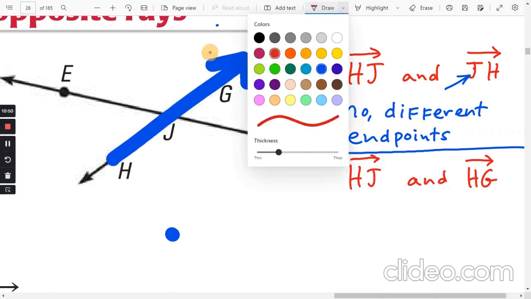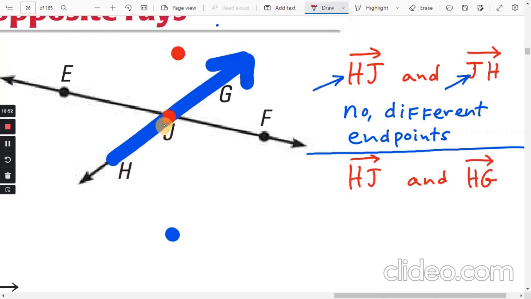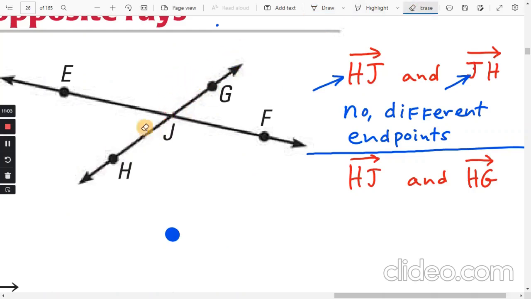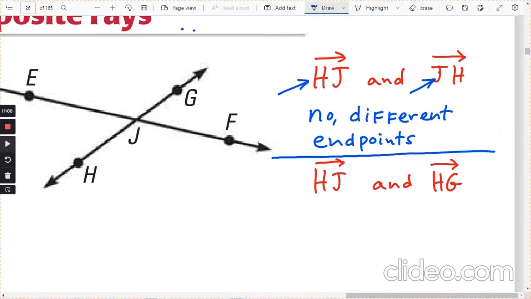Okay, and JH starts at J. JH is like that. So those are different endpoints, and they cannot be the same ray with different endpoints.